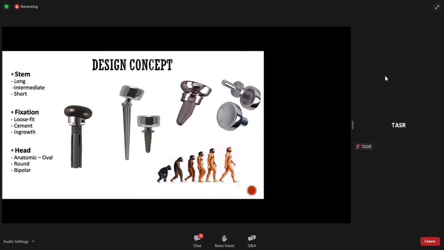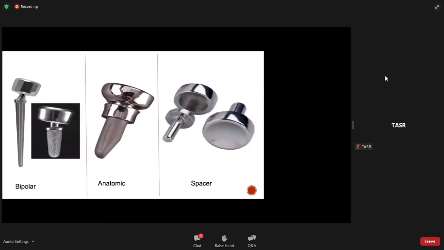In terms of fixation, it can be a loose fit or a press fit. It can be cemented, or it can work with an ingrowth, and the head can be anatomic, oval, round, or bipolar. And those are the three models you can see nicely in this slide: bipolar, anatomic, and the spacer.